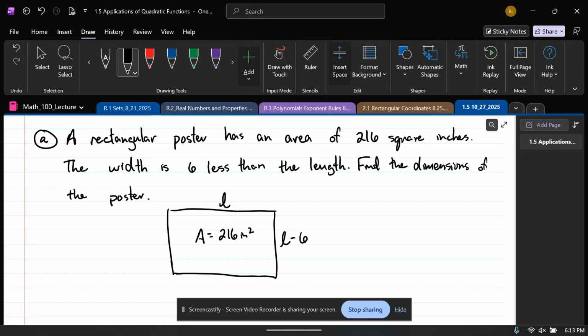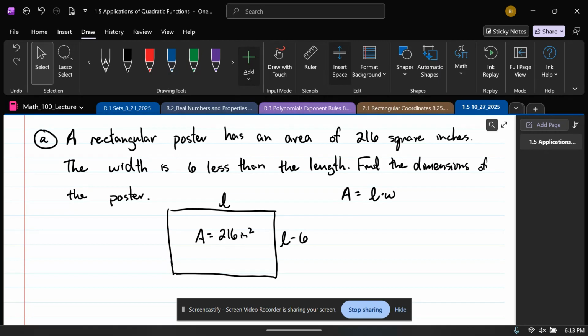Now, what do I know? The author kind of assumes this is common knowledge, which it really should be. What do I know about the area of a rectangle? That would be volume of a box, and we're not doing volume here. We're doing area, which is just length times width.